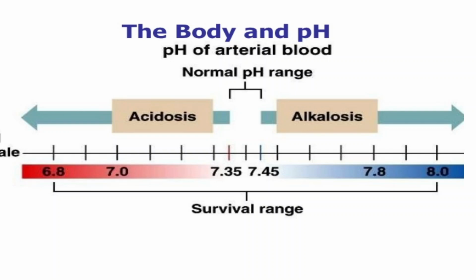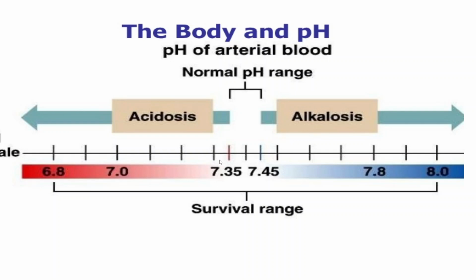The last point which we discuss will be acidosis and alkalosis, the pH imbalances. The majority of all the biological functions of the body function normally only if there is a normal pH, and that normal pH in the human body is in the range of 7.35 to 7.45. That's mildly alkaline, whereas anything below 7.35 we consider as acidosis, and anything above 7.45 we consider as alkalosis.